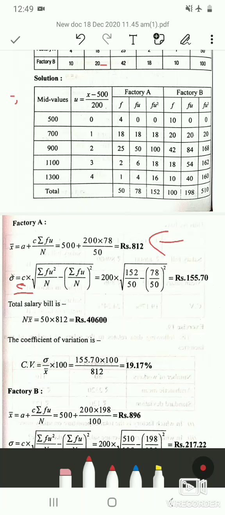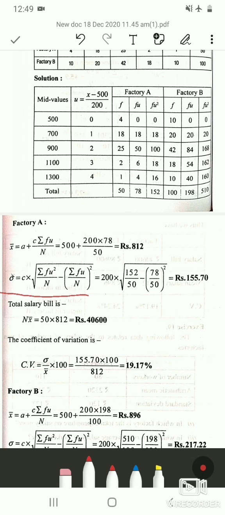If you were taking the direct method, this was not supposed to be written, and in place of u it will be x, and even in the table, instead of this column, you will have directly x, fx and fx square. These methods we had seen in our previous class. Now we have taken step deviation method, so we are going to use this formula.